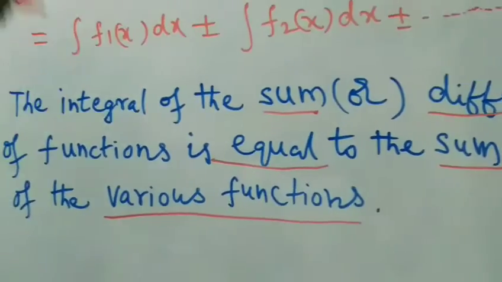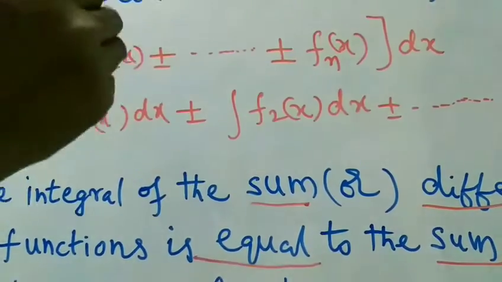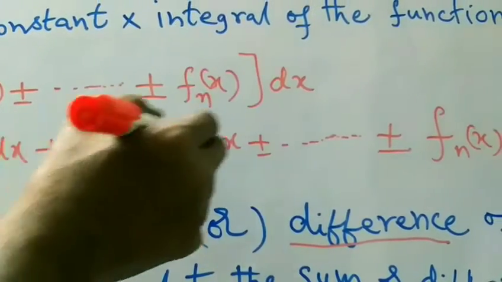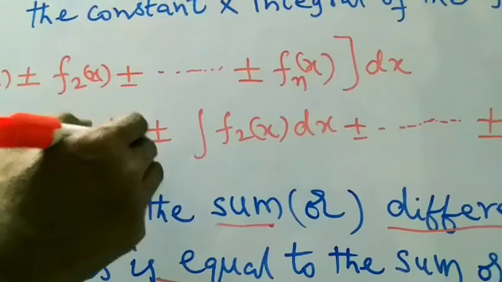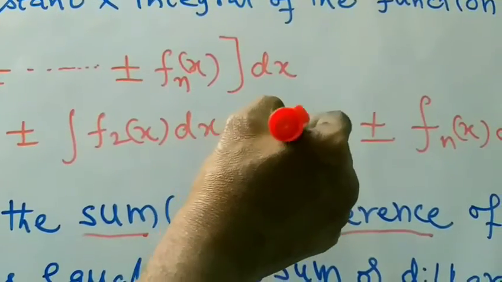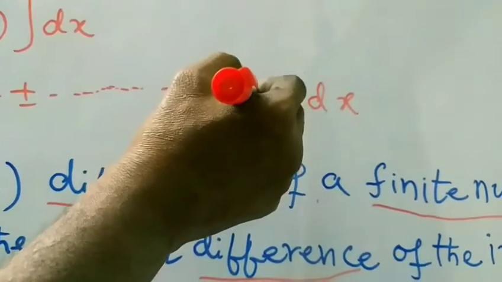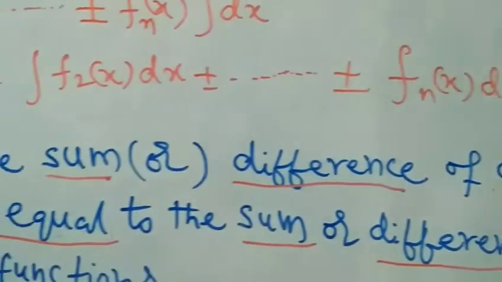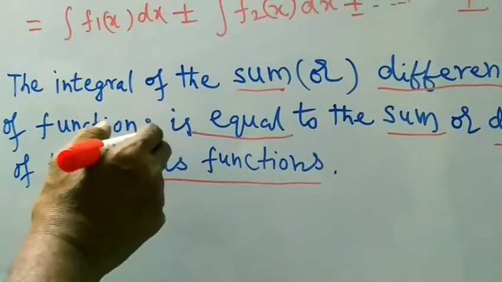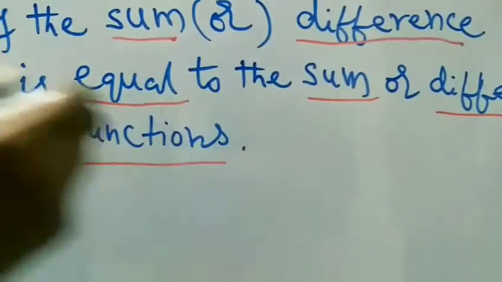That is, integral of f1 of x plus or minus f2 of x plus or minus f3 of x plus or minus and so on, plus or minus fn of x whole dx is equal to integral of f1 of x dx plus or minus integral of f2 of x dx plus or minus integral of f3 of x dx plus or minus and so on, plus or minus integral of fn of x dx.